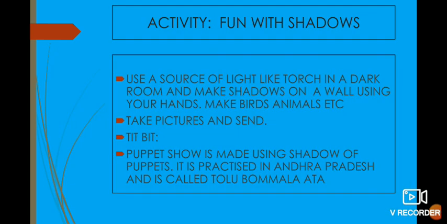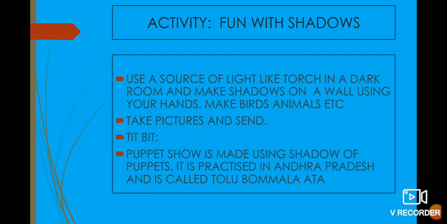Here is a small fun activity that you could do using shadows. What I want you to do is take a source of light. It could be a torch, your cell phone, or an emergency lamp, anything.